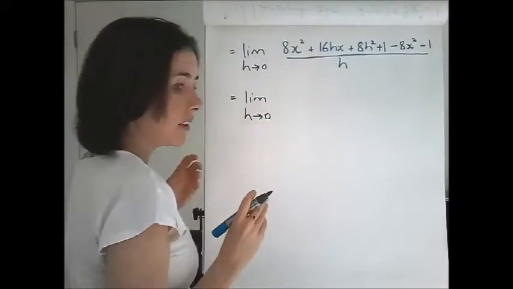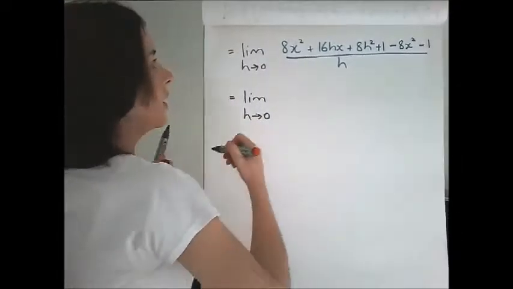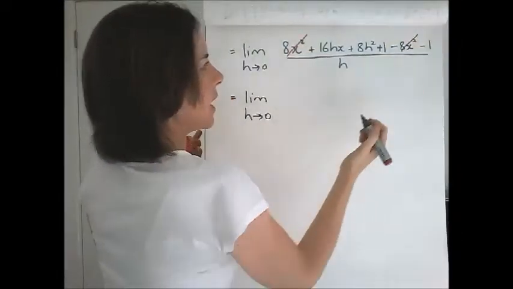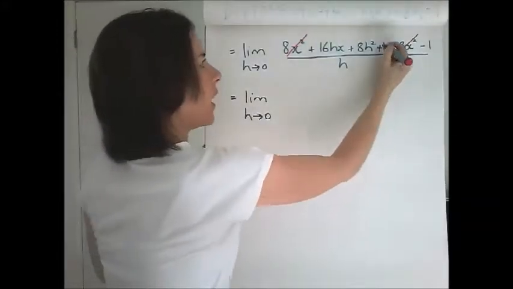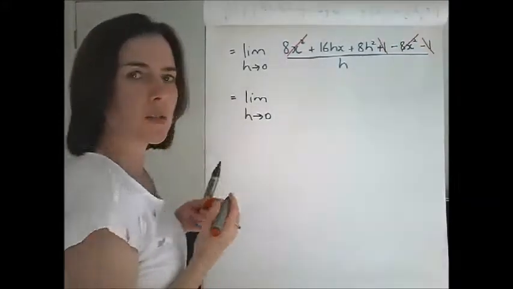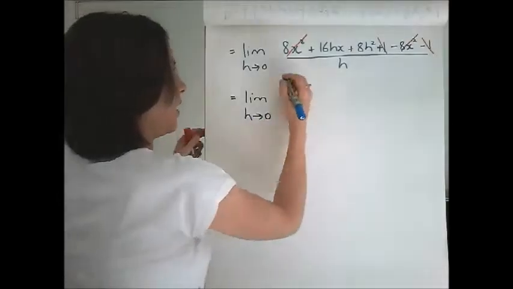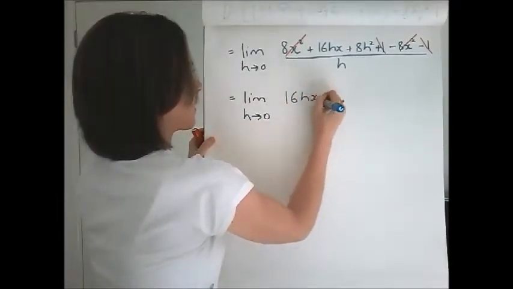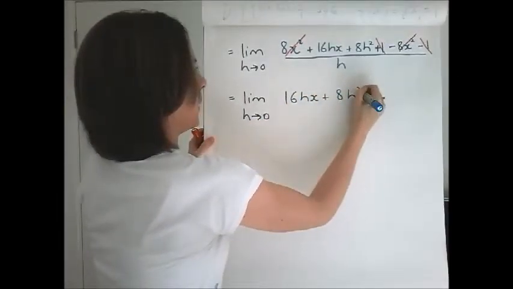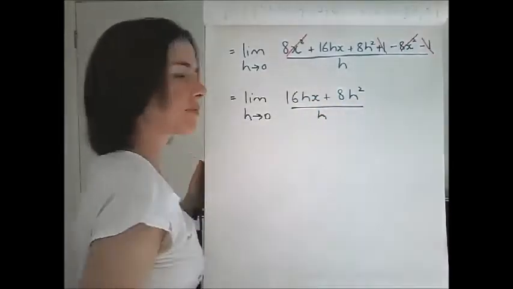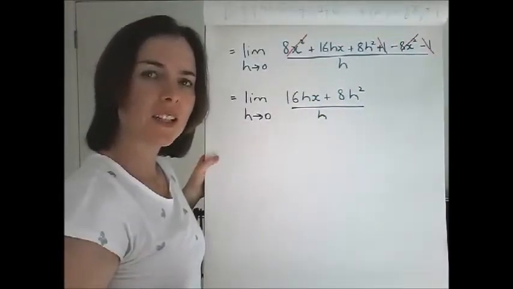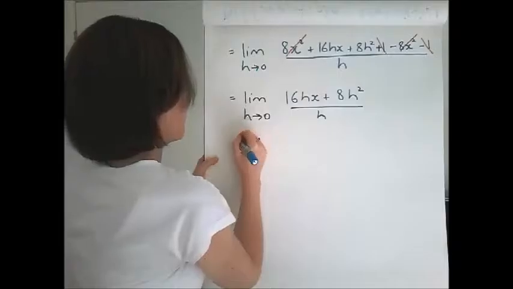The 8x squared will cancel with the minus 8x squared, and the 1 will cancel with the minus 1. So on top we have 16hx plus 8h squared. Now there's a common factor of h on top, which we can factor out.